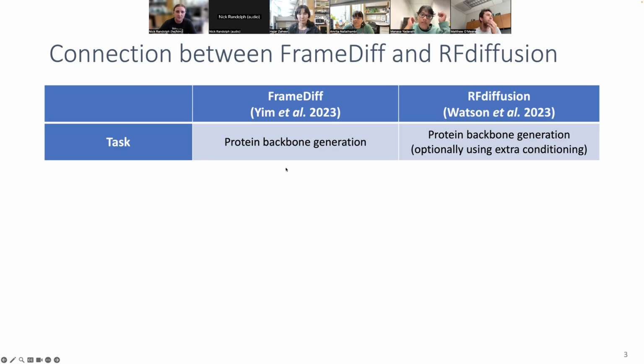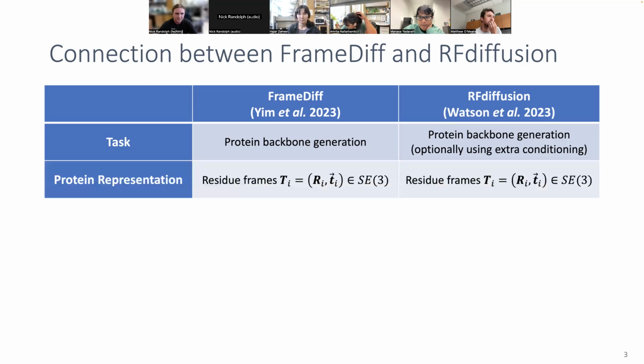Just at a task level, both of them are accomplishing the same thing, generating protein backbones. RoseTTAFold diffusion, sorry, RF diffusion, uses a little bit of extra information sometimes if you'd like, but primarily they're both for protein backbone generation. They both represent proteins and residues the same way as well.